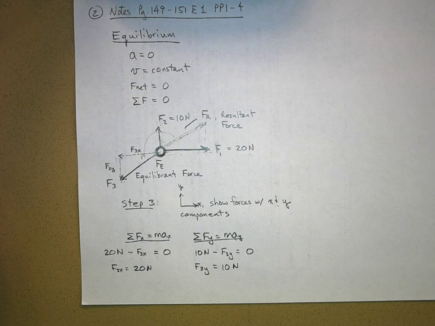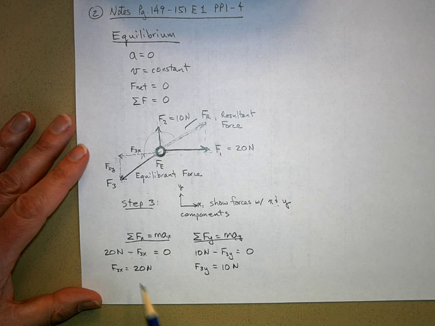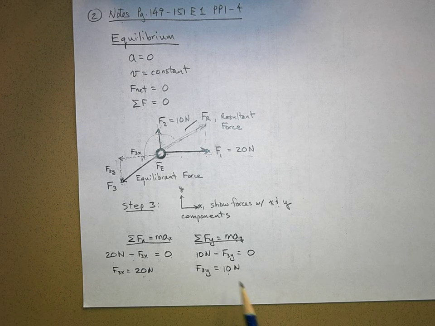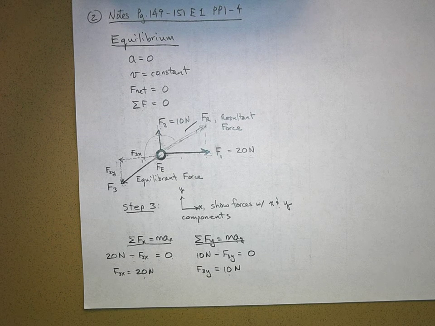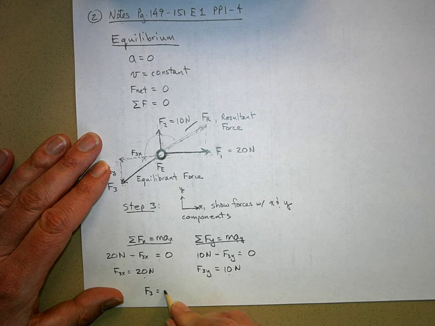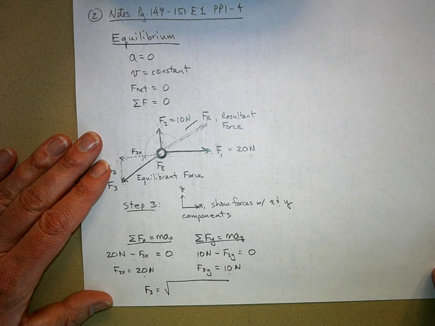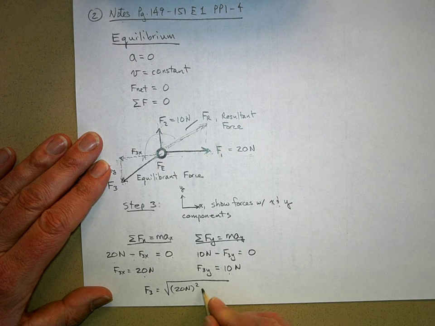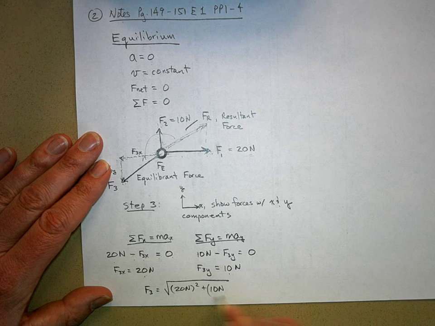Now we want to know, what is F3 and what is its angle? Well, I know its x component and I know its y component. So how do I figure out how big the vector is? What do I use when I know the x component of a vector and I know its y component? I use the Pythagorean theorem. So F3 is going to be equal to the square root of its x component, 20 newtons squared, plus 10 newtons squared.